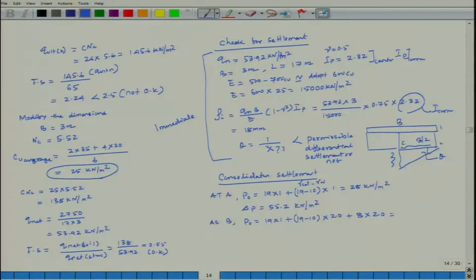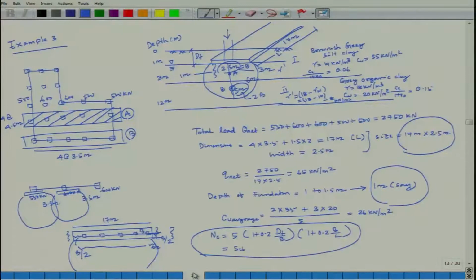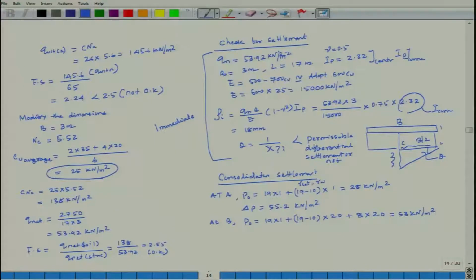Then it comes out to be P0, which is equal to 53 kilonewton per meter square. Then similarly, you find delta P, the increase in stress. First you calculated the increase in stress at point A, then the increase in stress at point B because of this foundation, 17 meter by 3 meter. Here delta P is equal to 27.3 kilonewton per meter square.